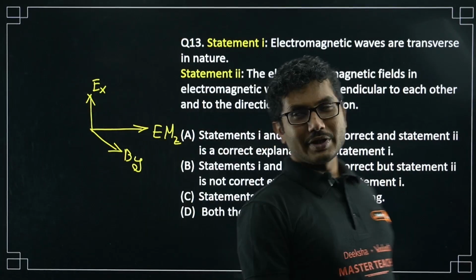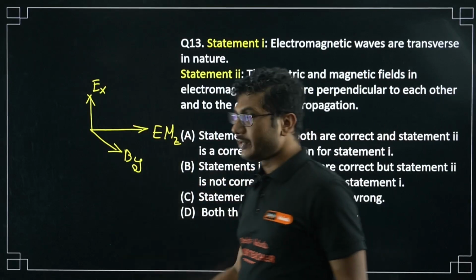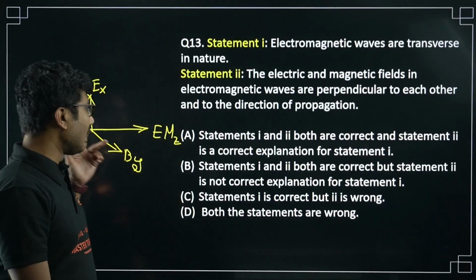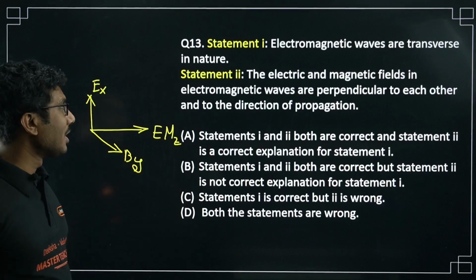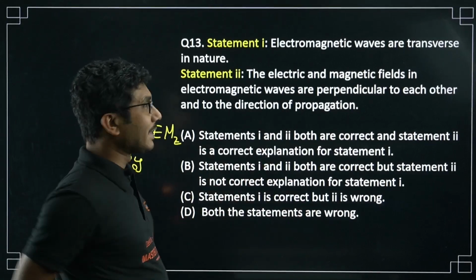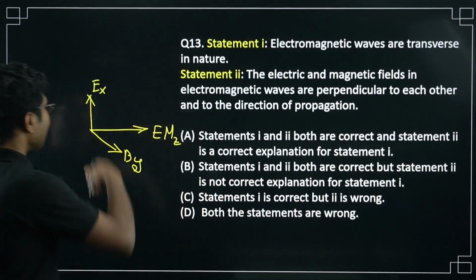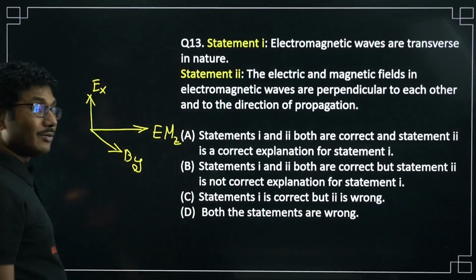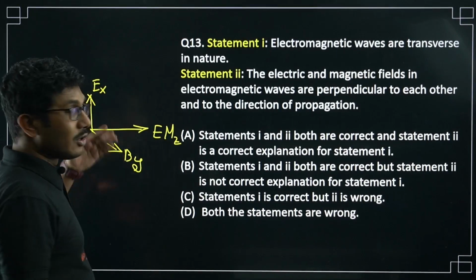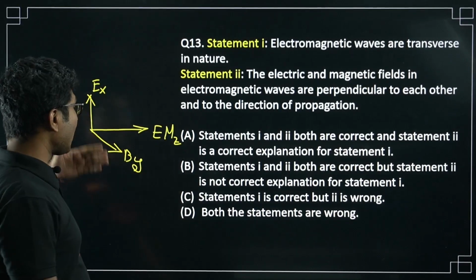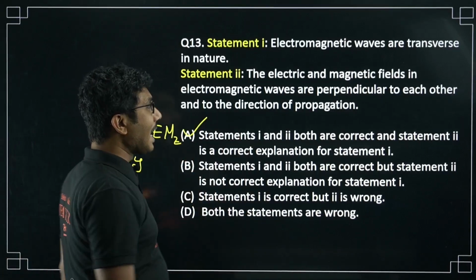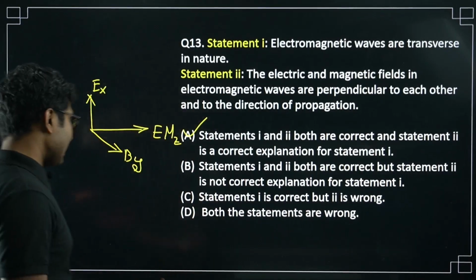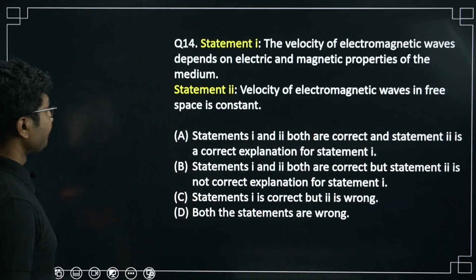We know the electric field and magnetic field are perpendicular, and the direction of the wave is mutually perpendicular to both of them. That is why electromagnetic waves are transverse in nature: both fields responsible for the wave vibrate perpendicular to the direction of motion. So statement 1 and statement 2 are correct, and statement 2 is the correct explanation of statement 1.